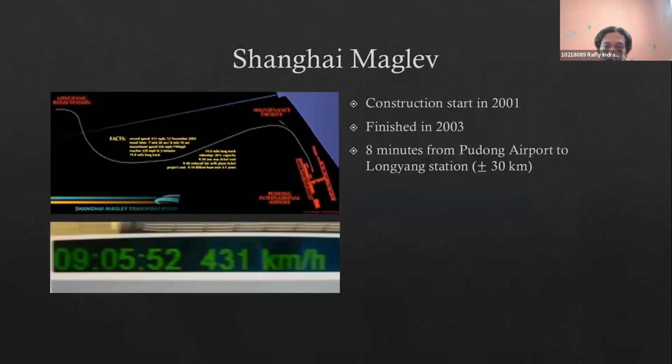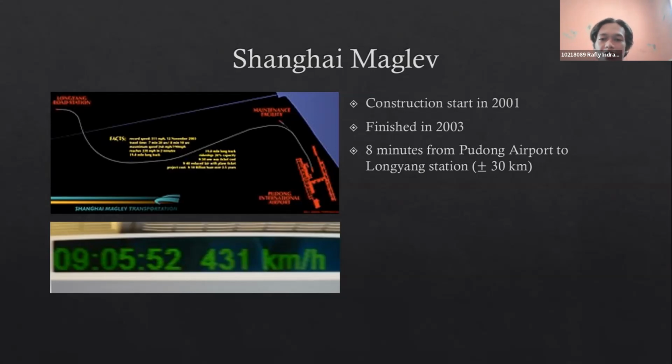And this Shanghai maglev is one of the examples of, I think, the fastest maglev train today. It has a top speed over 400 km/h, exactly 431 km/h, and takes only 8 minutes from Pudong Airport to Longyang Station in Shanghai.